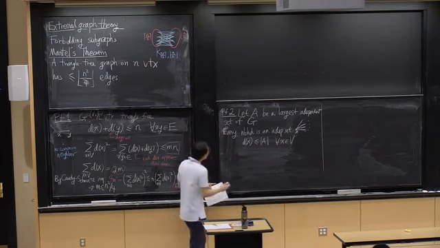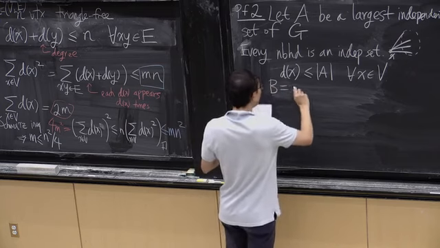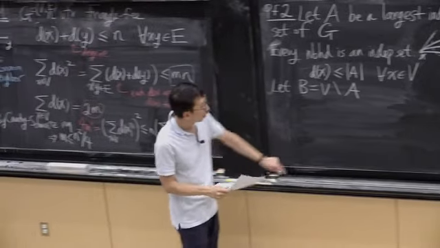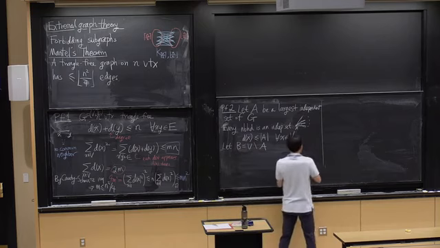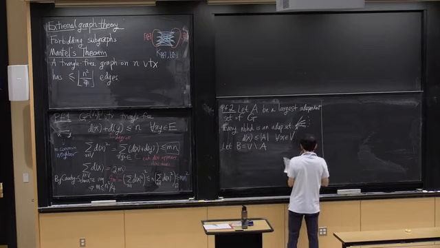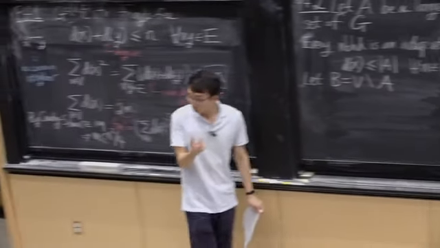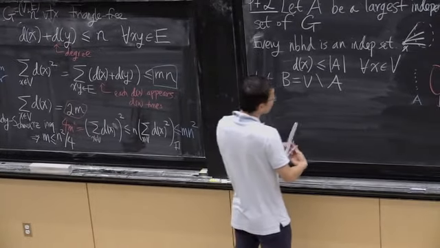Okay, so now let B be the complement of A. So I have this A and B. Every edge has to intersect B. The edge cannot be entirely contained in A because A has no edges.